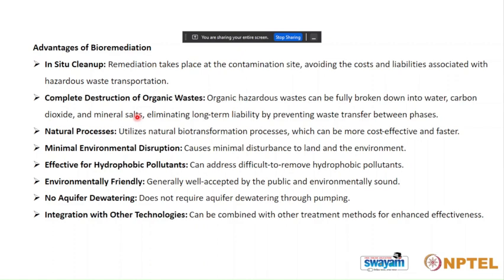And it is a natural process. There is minimal environmental disruption, since we are not using any external or toxic substances to carry out the remediation processes.